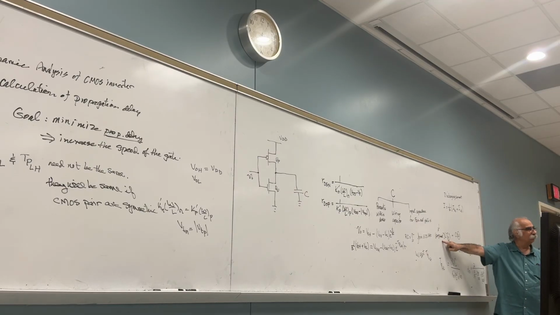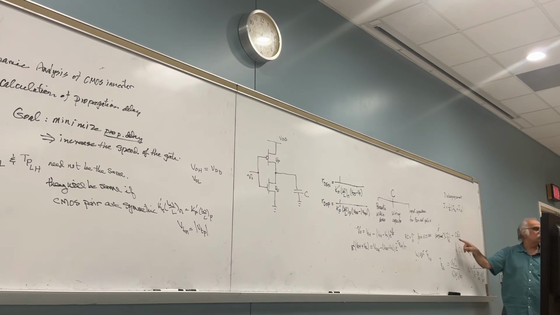Did you get it? Now on this side, what is it? C delta V. By the way, what is this equation? What is the current through a capacitor? How would you relate the current in terms of the voltage across a capacitor?